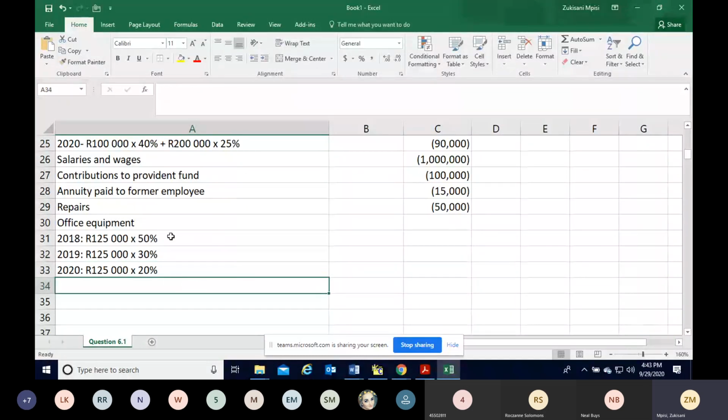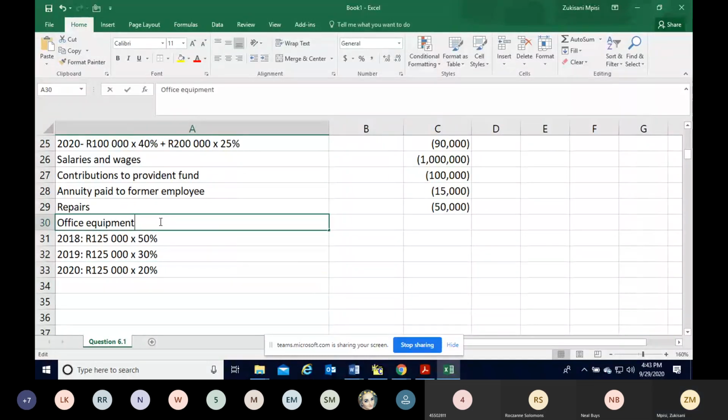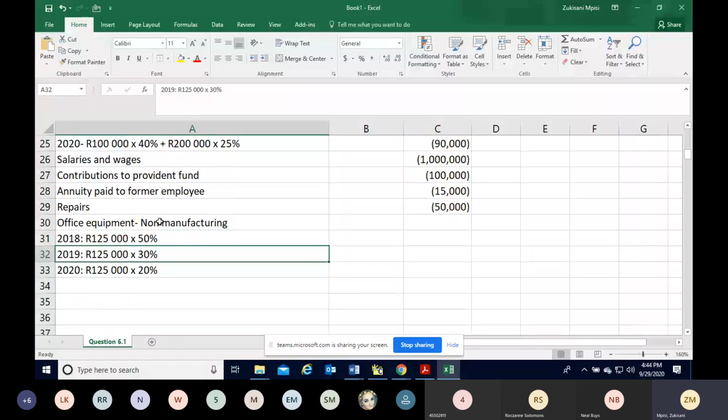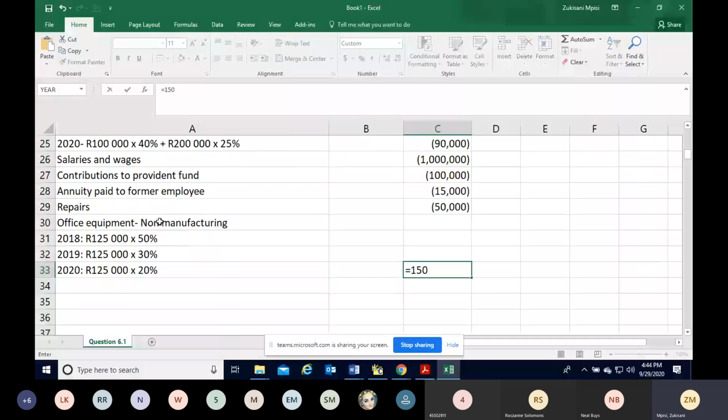Can everyone see how this section 12E works? So we're saying this is a non-manufacturing asset because it's office equipment. We are already told. So this is what would have been charged in the first year, what would have been charged in the second year, and in the third year, which now applies to us, 125,000 multiplied by 20% gives you 25,000.